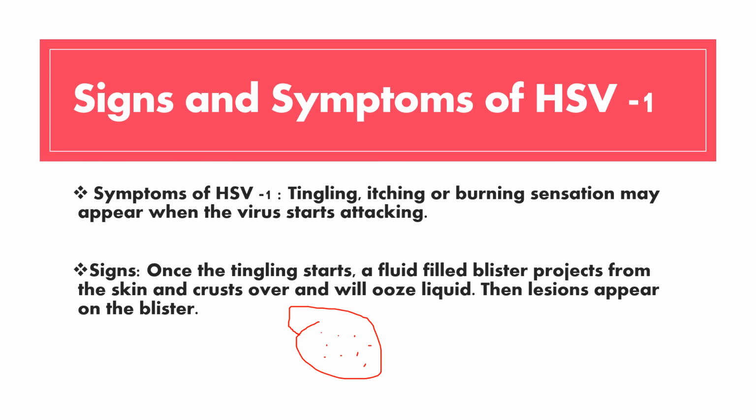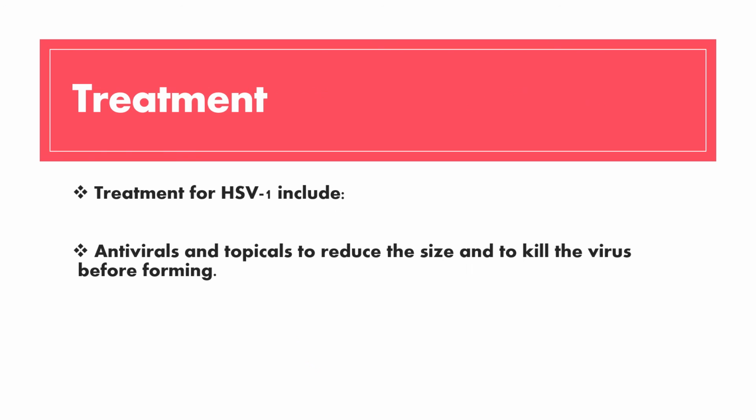And so without medicine or treatment, I would say herpes simplex 1 will take anywhere from 7 to 14 days to completely be gone and cleared. But with treatment, there are antivirals and topicals that are able to be used now and that kill the virus before forming. I know a very popular antiviral is Valtrex, and I know a topical is Denavir.